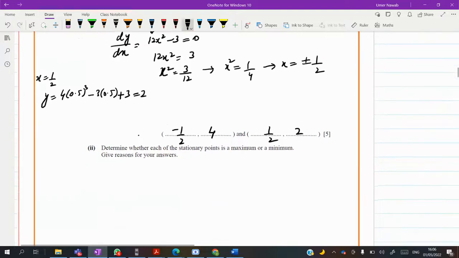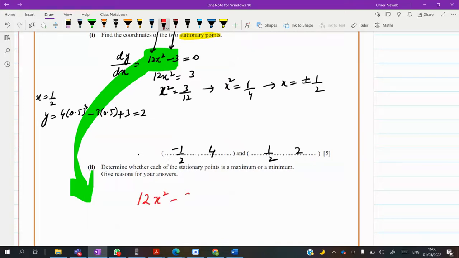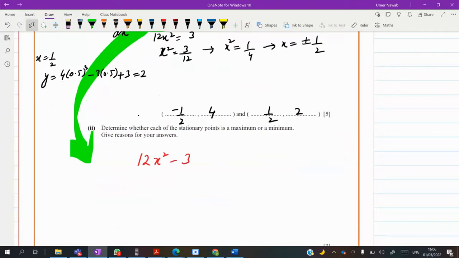To decide which point is maximum and minimum, you need to plug it into the first derivative. This is the derivative: 12x squared minus 3. Substitute this value of x and this value of x one by one.